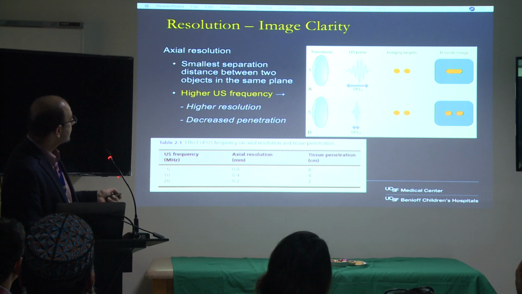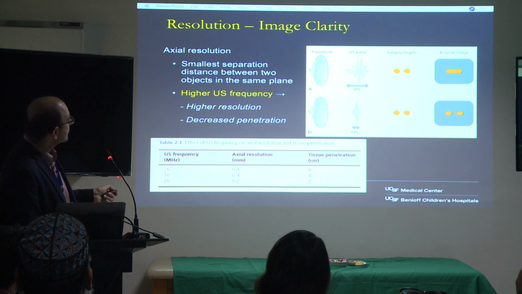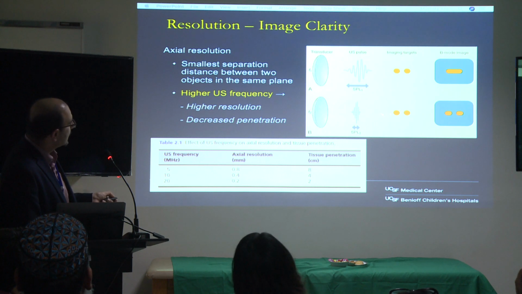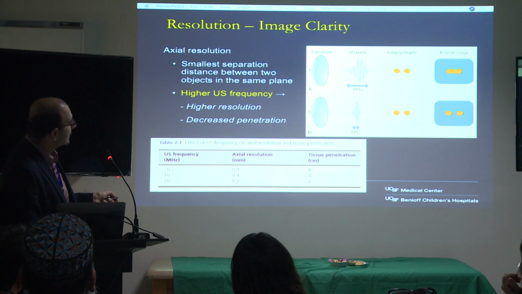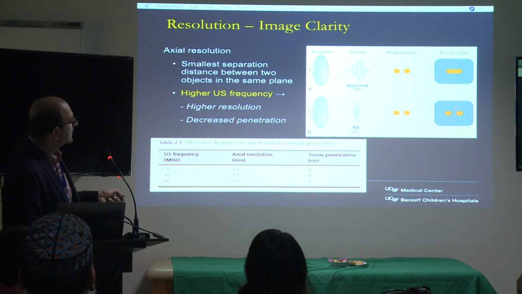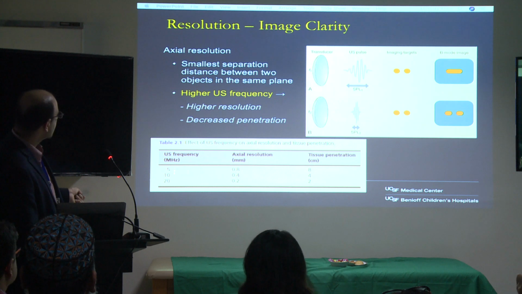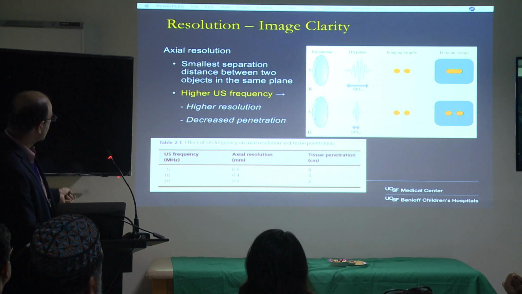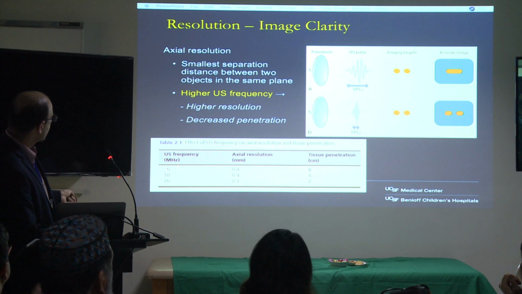The importance of this is that as you increase the frequency of your ultrasound wave, the resolution improves. So the waves are tighter together, so your signal is much more accurate. The flip side of that is that your ability to get depth of the lesion reduces. Our usual frequencies are in the order of 5 to 20 megahertz.